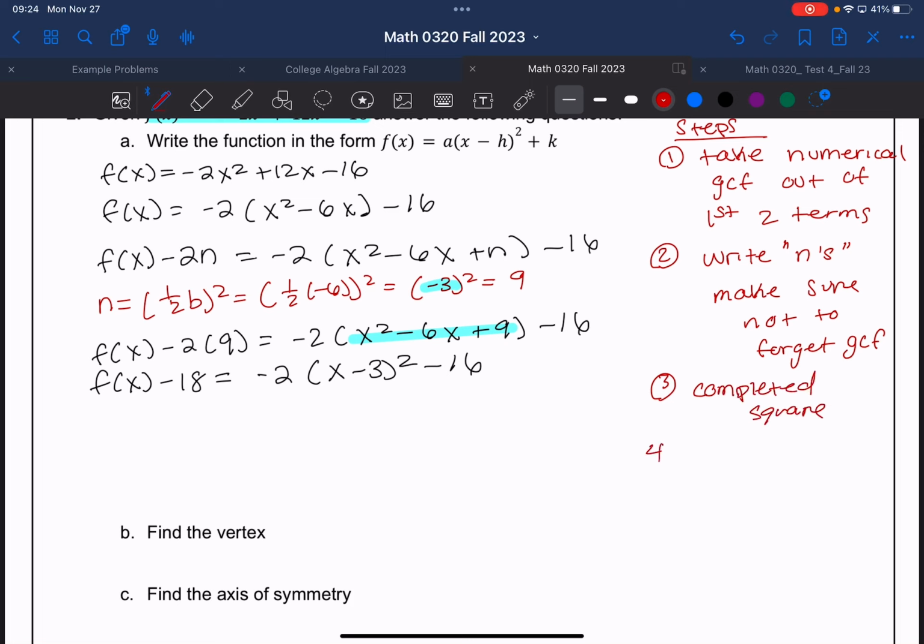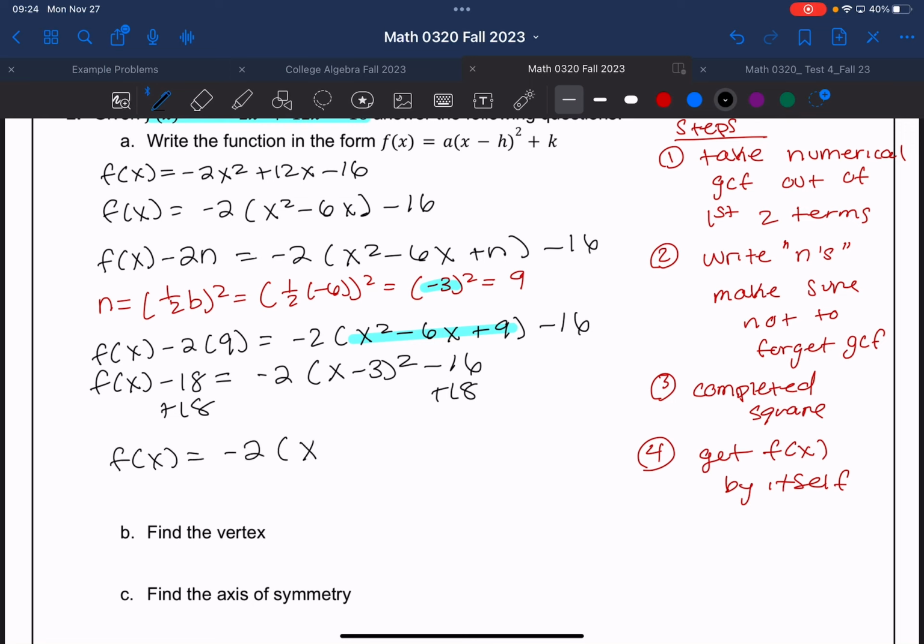And then my last step is to do what? Add the 18. So get f of x by itself. So I'm going to add the 18, and I'm only adding it to that c value at the end. So I have f of x is equal to -2 times x minus 3 squared plus 2.